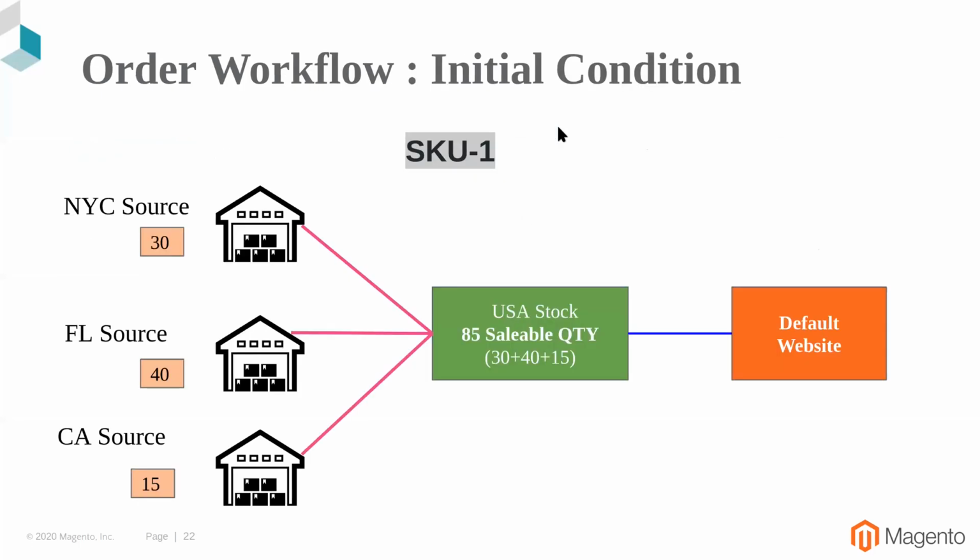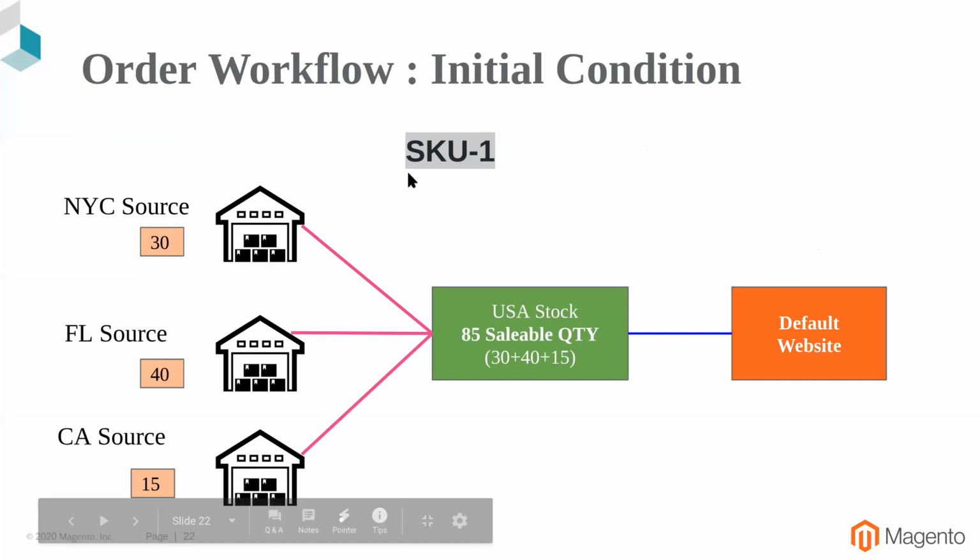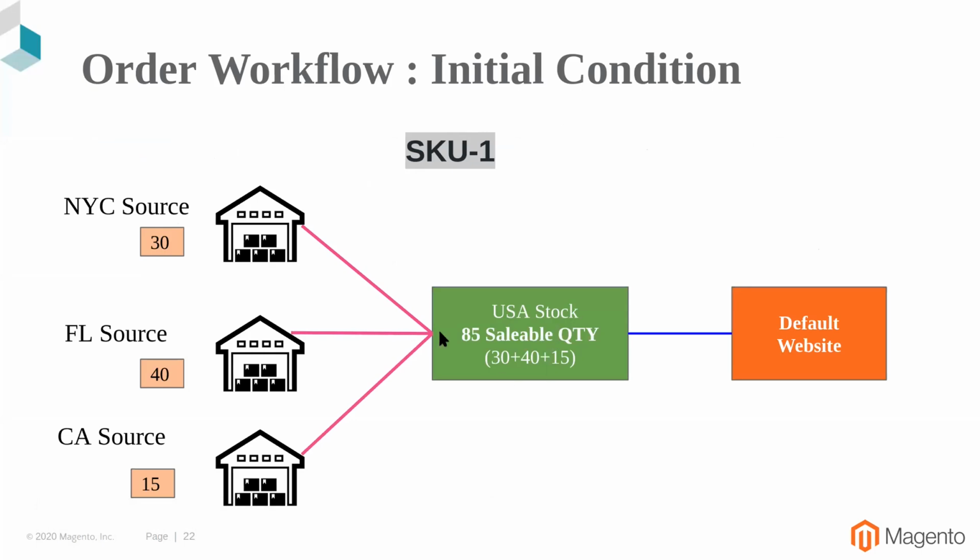So if you see, this is the initial condition. Let's say I have 3 sources. There are 3 physical locations where I have 30, 40, 15 as the quantity for SKU1, and my aggregate quantity would be the combination of all these 3 sources. I have not added any out of stock threshold value, and I am selling this product on the default website.